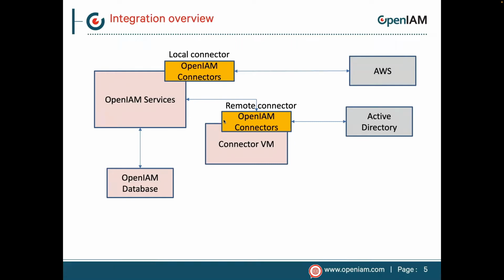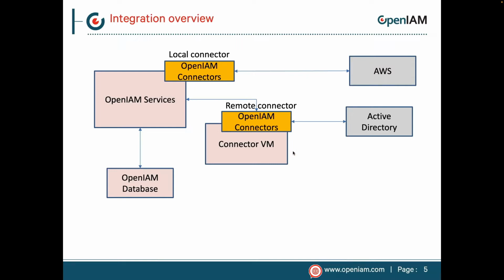In practice, there's a very common use case where we need to do this: consider that you have OpenIAM and your target systems in separate subnets, even separate networks. Think about deploying OpenIAM in a cloud environment like AWS, Azure, or Google, and then you have all these on-prem systems.